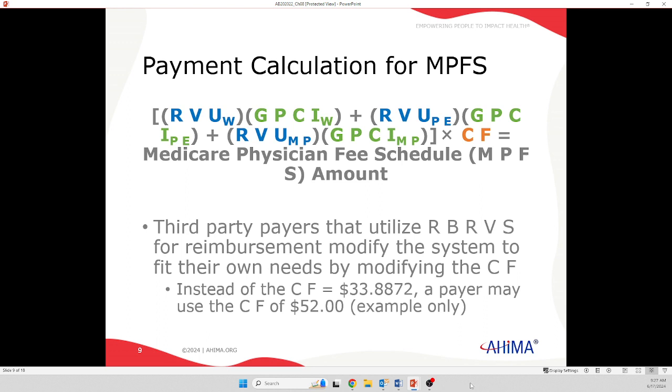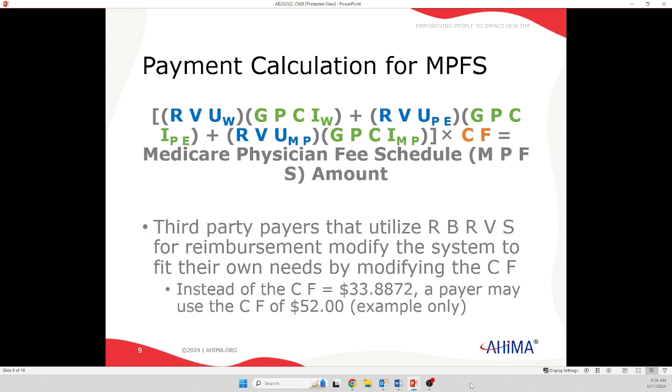So this is a fancy looking formula here. This is the formula that is used to calculate the payment. So you have your RVUs that have their geographic adjustments, and we add them together.